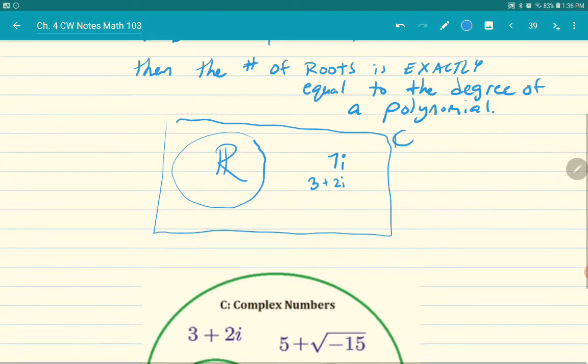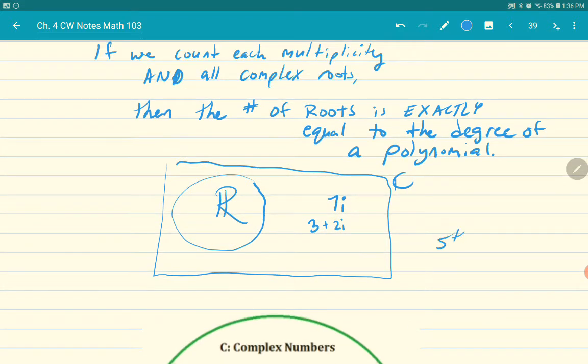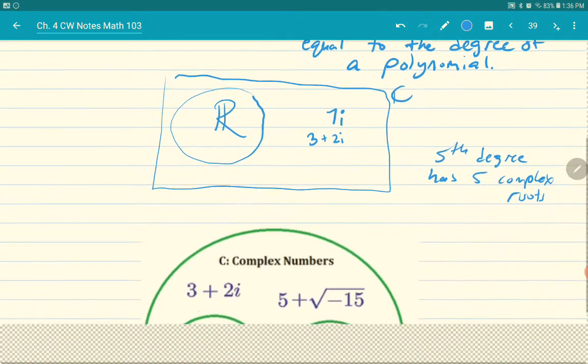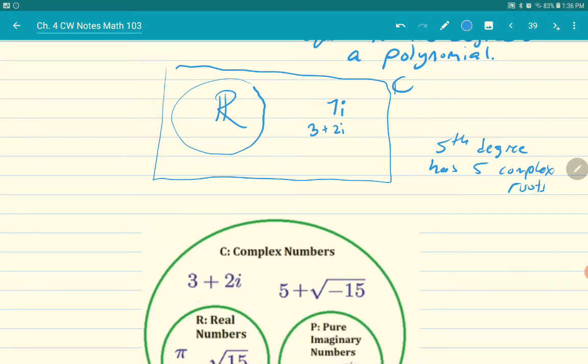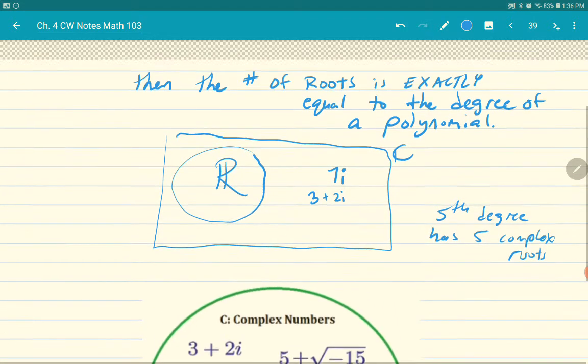So when I say a 5th degree polynomial has 5 complex roots, some of those may be real, but no more than 5 roots. No more than 5 roots can be real because there's no more than 5 roots. There's exactly 5 roots in a 5th degree polynomial.